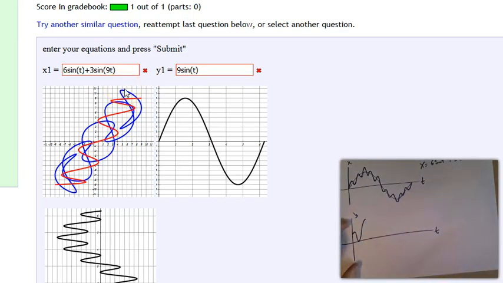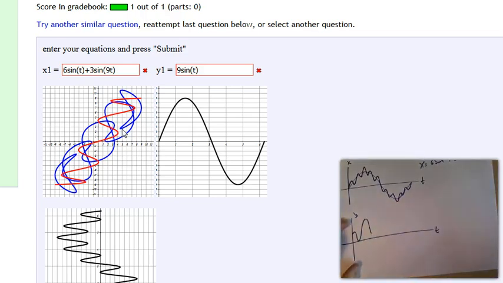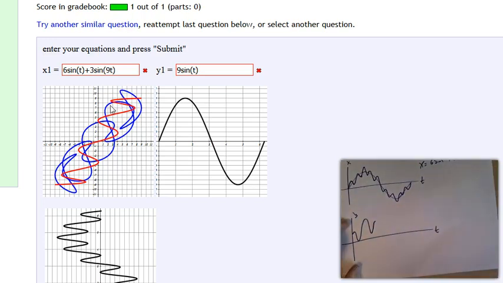All right. Comes down to about there. What's that, about 3? And then goes back up to 8. And down to way down here to like -4.